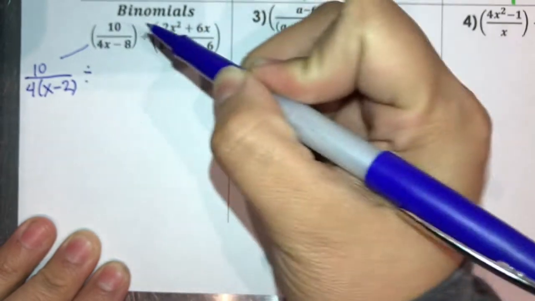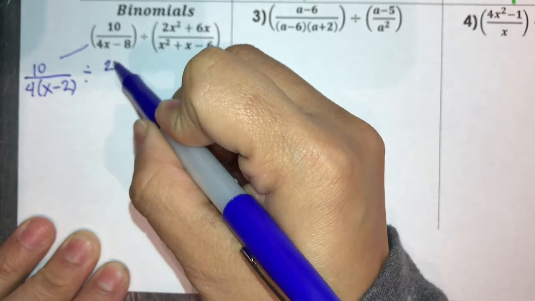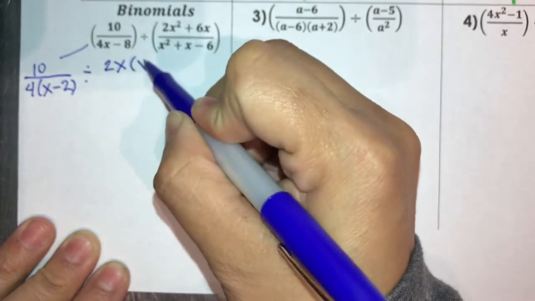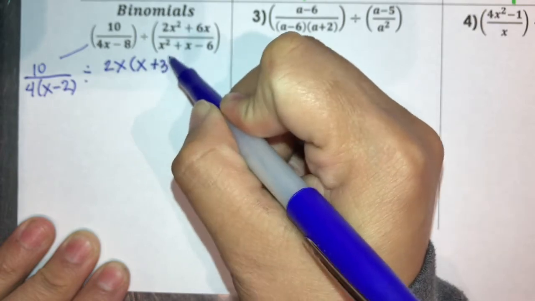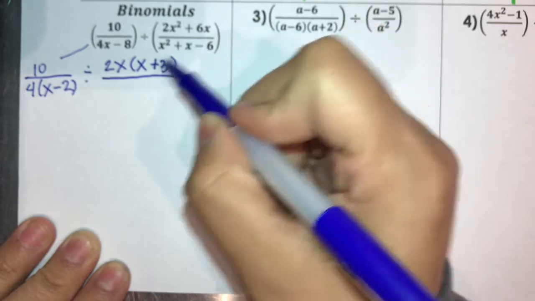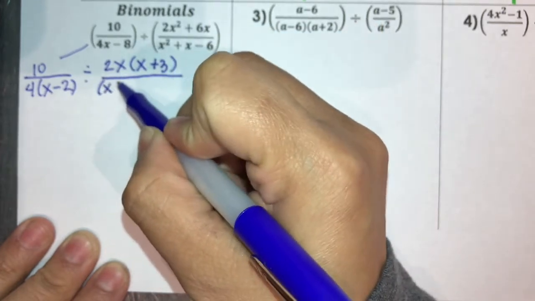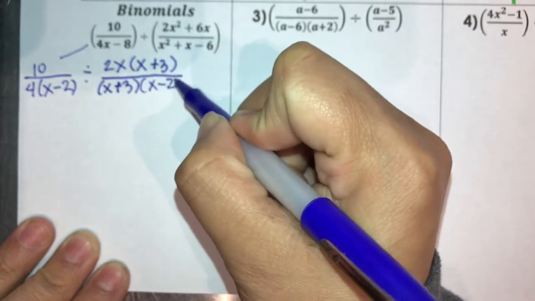All of this is divided by the numerator factored as 2 times x plus 3, divided by the denominator factored as x plus 3 times x minus 2.